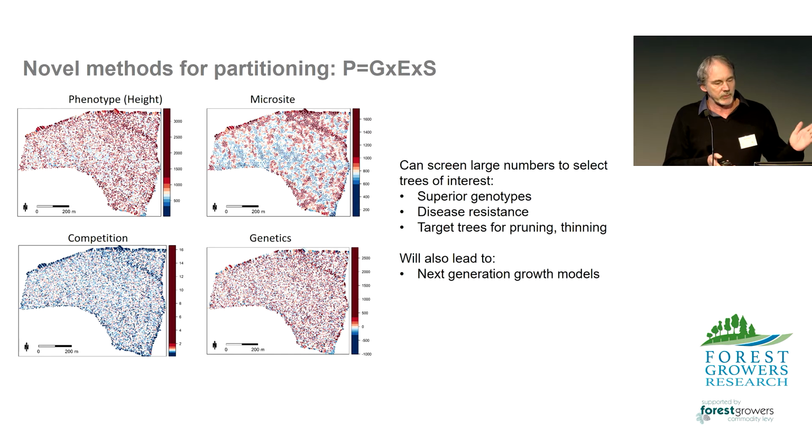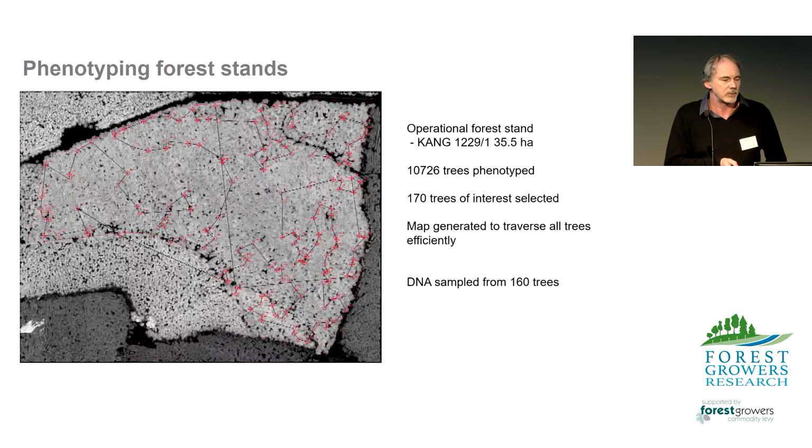And then there was a series of shallow gullies and ridges across the stand where height was clearly changing in response to those effects, as well as effects from competition. So this was a really useful methodology to be able to extract this G by E by S, the components of that from the observed phenotypic data.